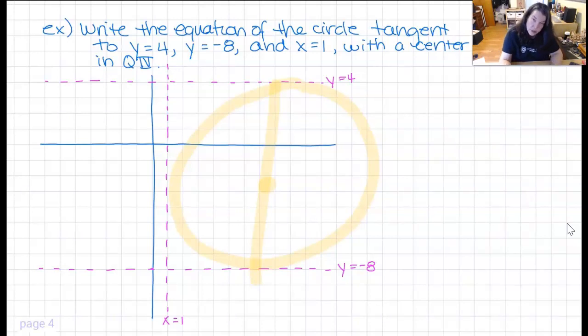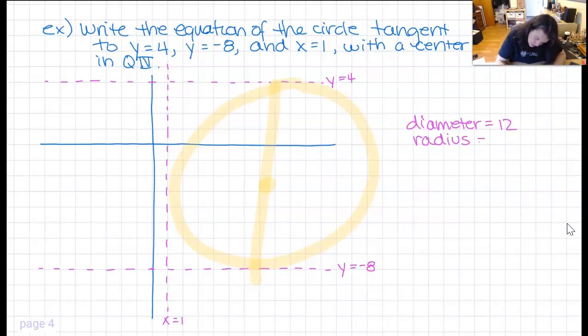So I know the diameter, the distance between -8 and 4, that's 12. So the diameter is 12, which means the radius is 6. And now I just have to go 6 units away from each of these lines. If I go over 6 units from that vertical line, so I'm going to go 1, 2, 3, 4, 5, 6.